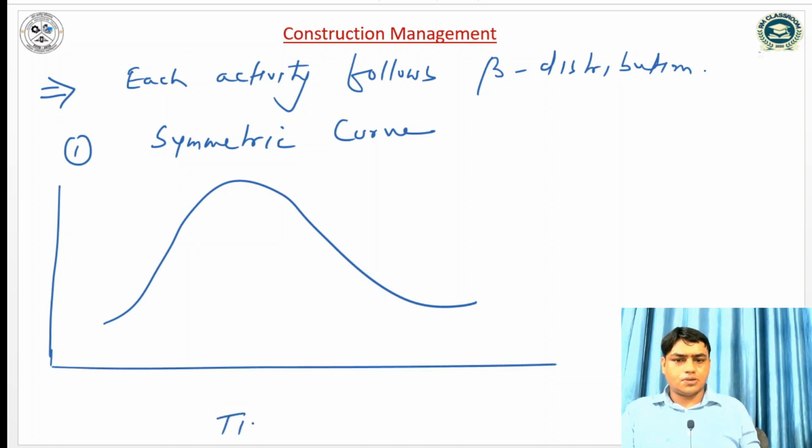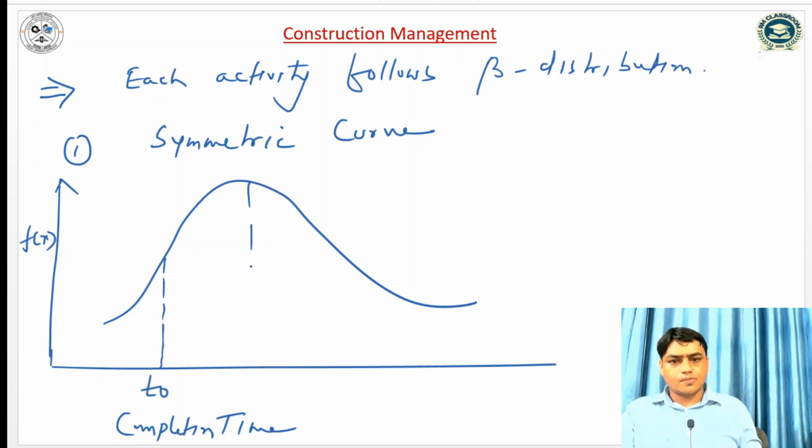this is completion time, and this is function x. So let us assume this is the optimistic time, and this is most likely time, that is mean, and this is pessimistic time.